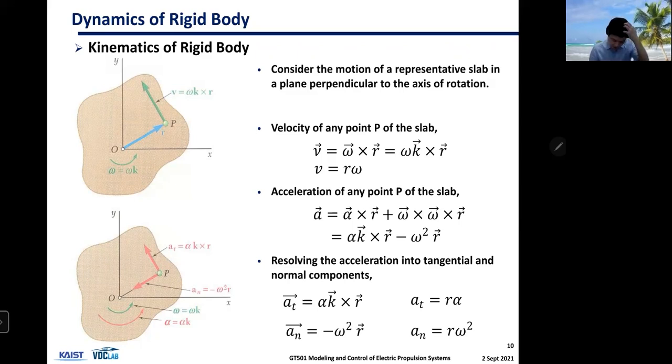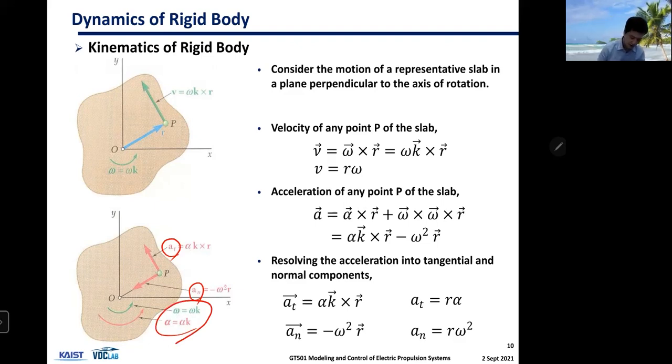By the way, conceptually, to summarize, the 2D rigid body example is a little more complex than point mass dynamics. One of the main differences is that because it's two-dimensional, there is a tangential acceleration and normal acceleration. And then there are speed and acceleration relationships.